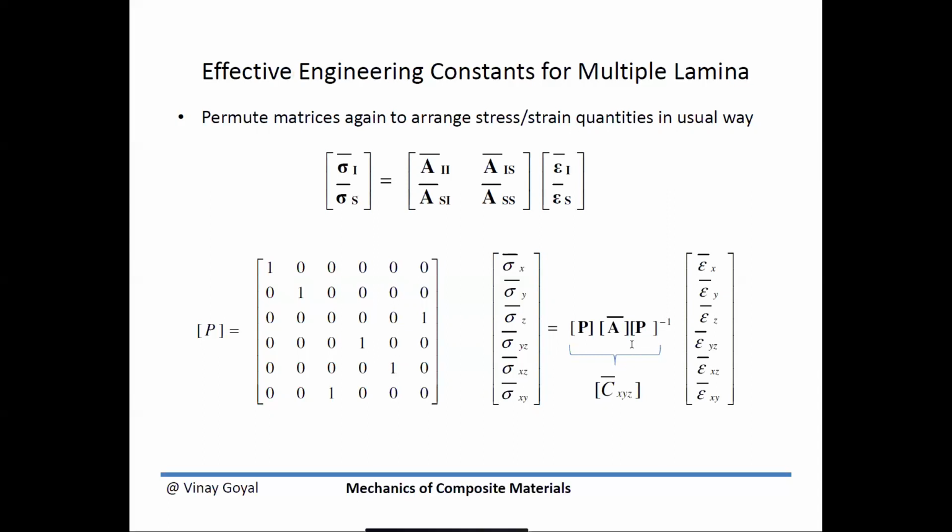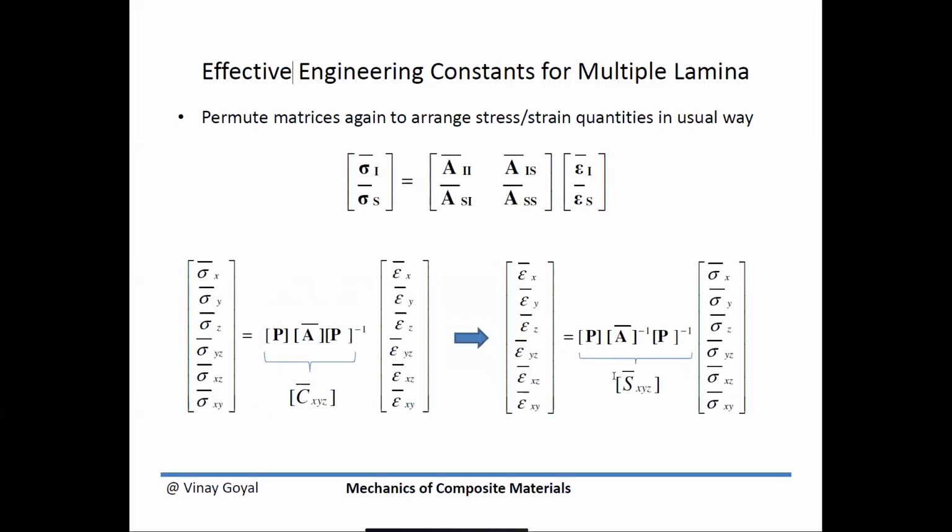Okay. So I know this A bar, pre-multiply by p, post-multiply by p inverse, and I will get the C matrix in the laminate coordinate system. So here we are. Once you know C bar, you can invert that to get S bar.